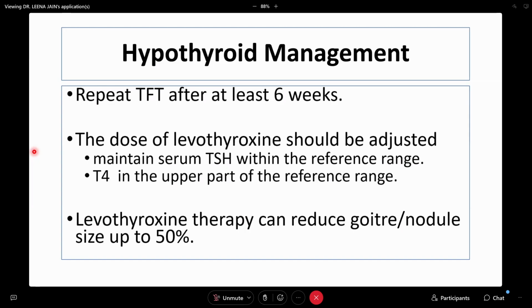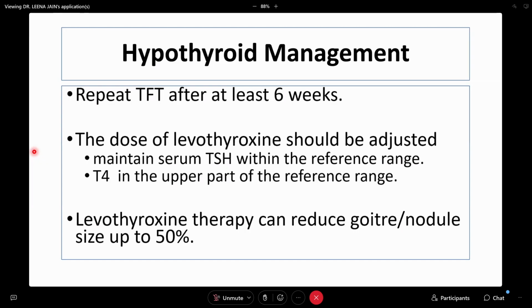One thing to take into account here is that T4 should be in the upper part of the reference range. Whenever you are seeing the TSH, you should see T4 also. After the treatment, keep in mind that you have to keep the T4 in the upper range. Levothyroxine therapy can even reduce your goiters and nodules in up to 50% of cases.